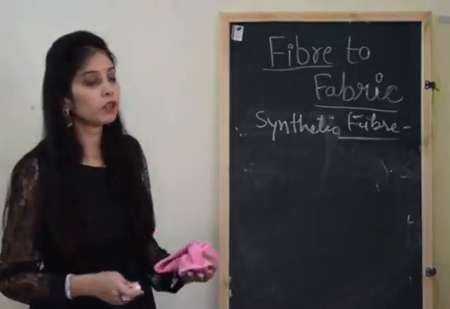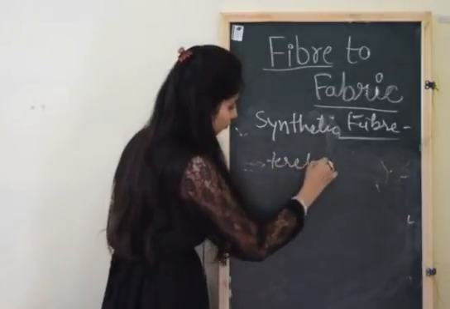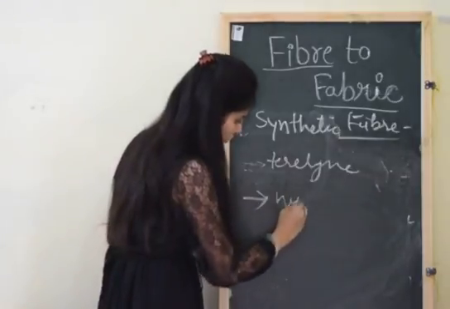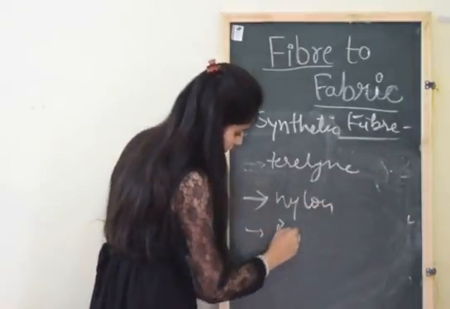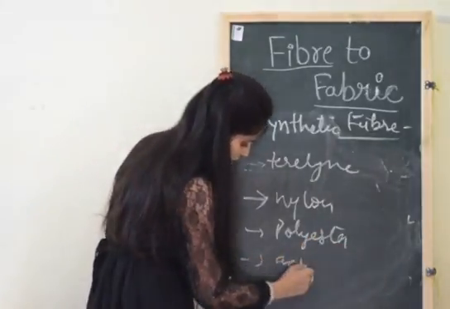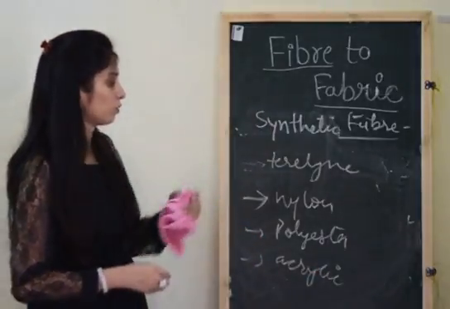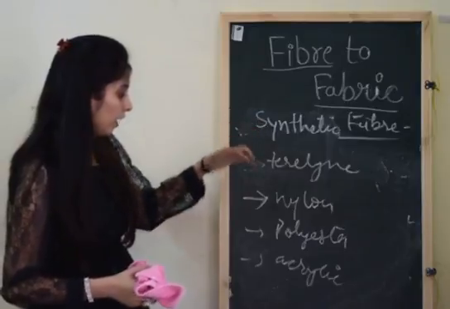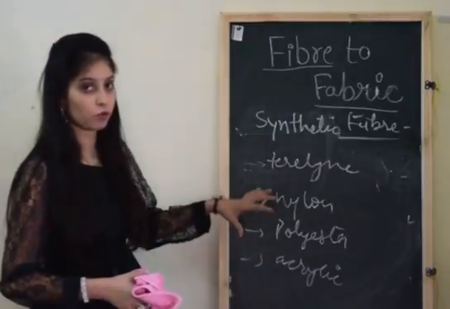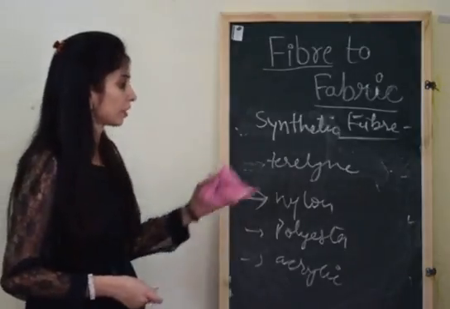Examples of synthetic fibers are terylene, nylon, polyester or acrylic. All these synthetic fibers are obtained from petroleum.